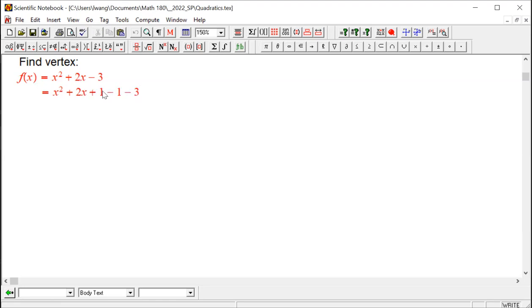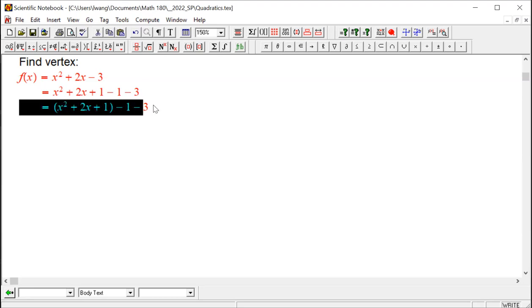The first adding 1 is to make the perfect square, and subtracting 1 is to keep the balance, to guarantee the first expression is still the same as the second and the third.